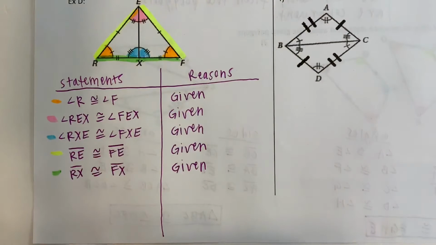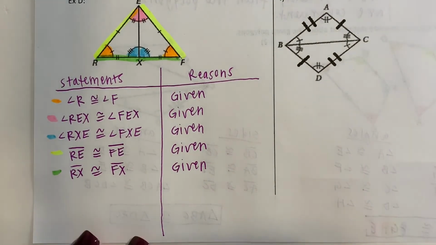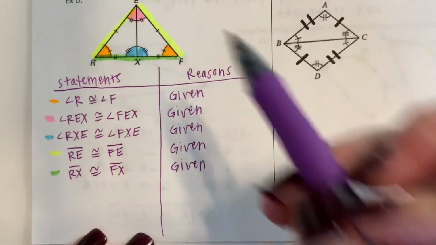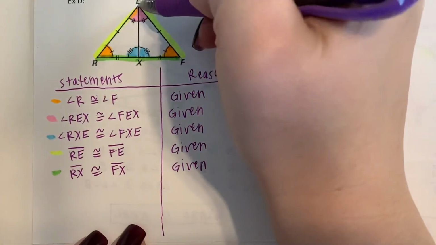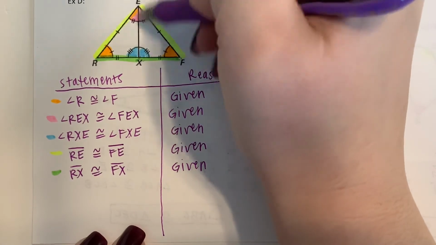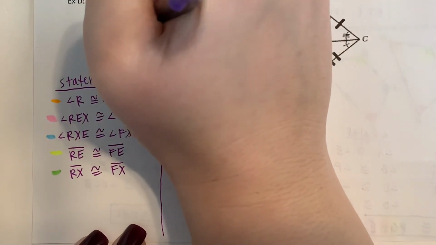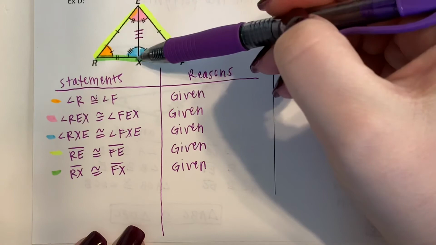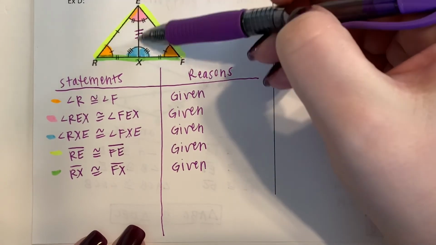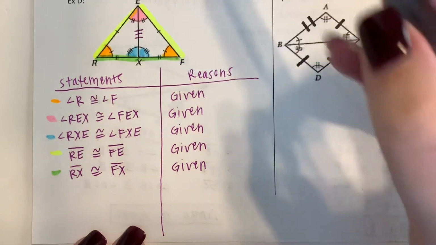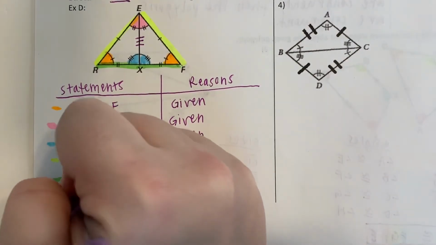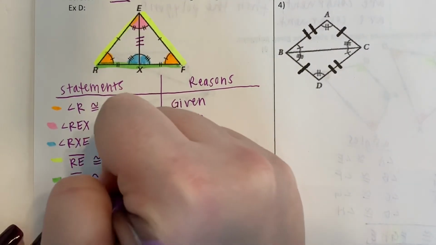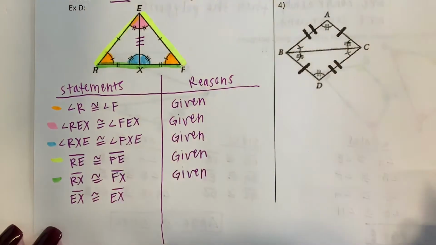And so now I've only listed 2 sides and we have 2 triangles here. So I do have a 3rd side. And it is this side here in the middle of the figure, this side EX. Please put 3 tick marks on that side. Side EX is going to be congruent to itself. So we can write EX congruent to side EX.